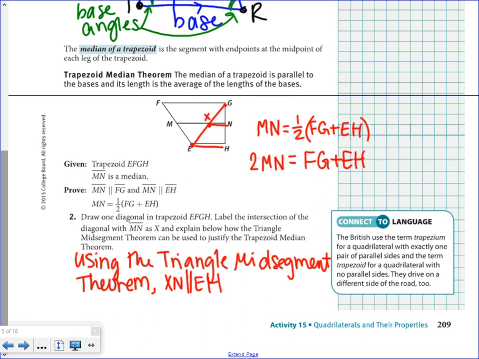And we know that MX has to be parallel to FG.